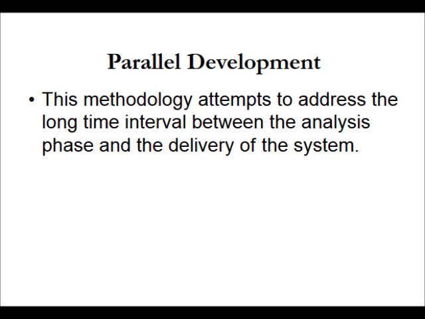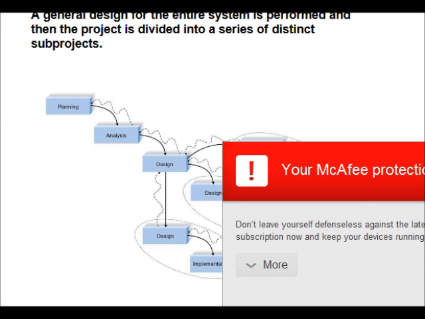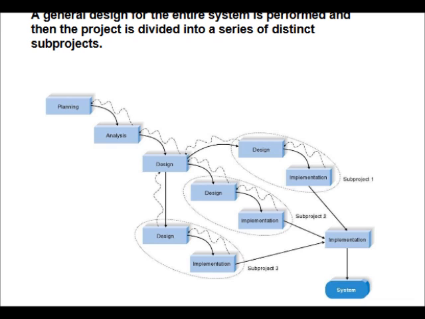Next is the parallel development. This methodology attempts to address the long time interval between the analysis phase and the delivery of the system. A general design of the entire system is performed, and then the project is divided into a series of distinct sub-projects. So here you can see the planning begins, then analysis, then design.